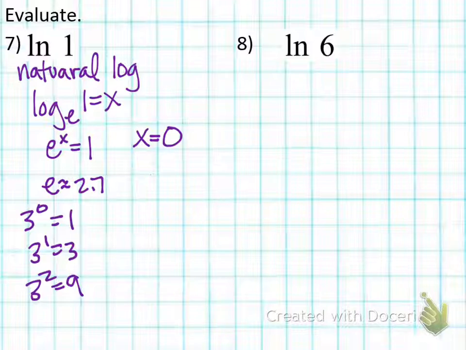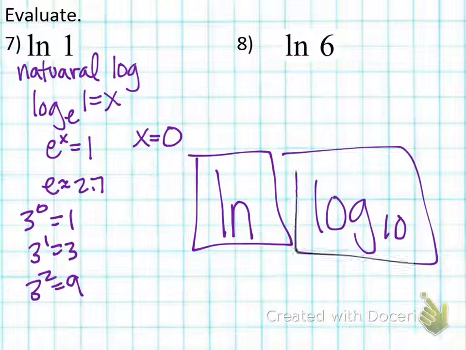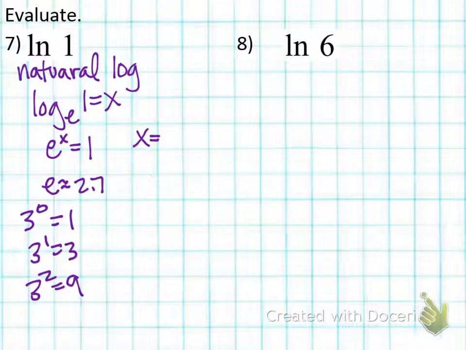The natural log button says ln, and it's right next to the one that was log base 10. Okay, so you'll push the number first, and then push this ln button. Okay, and that will give you your answer. So doing that would also give you 0.